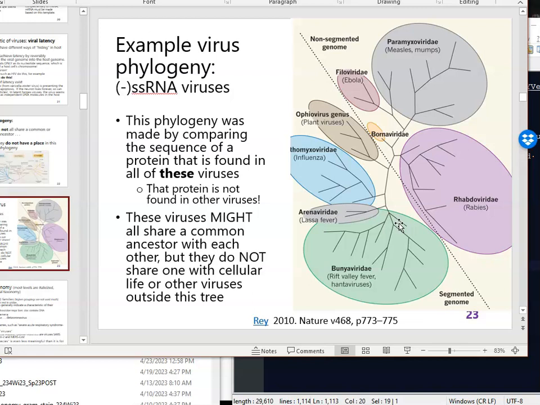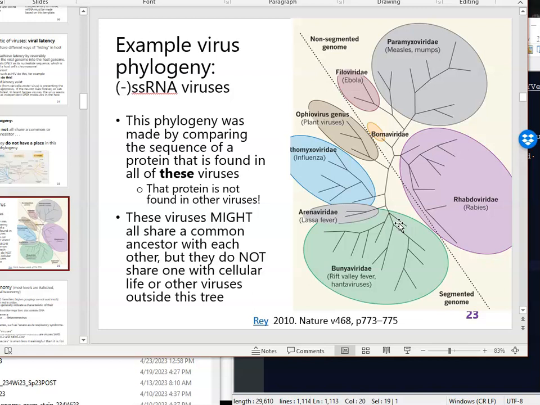And there is no evidence at all that any of them have a common ancestor with a cell. So where did they come from? This is not known. This may never be known.